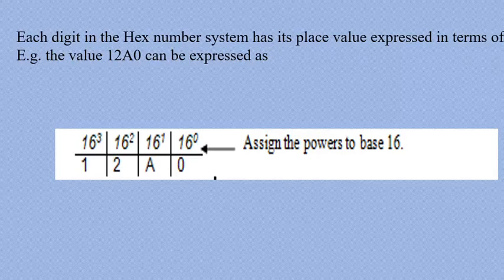You write the number the way I have written it, 12A0. Then you write 16 from the right hand side towards the left hand side. You start with 16 raised to power 0, 16 raised to power 1, and the powers increase until you get to the last digit. And for that matter, this one is now well represented. 16 to power 0 represents this one that way.